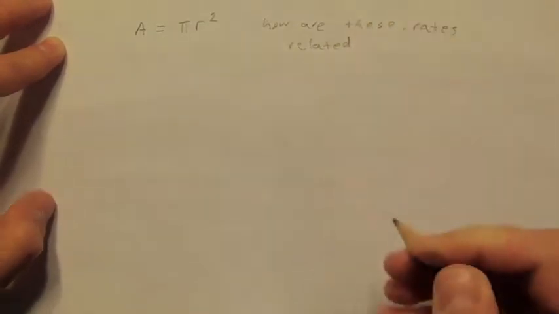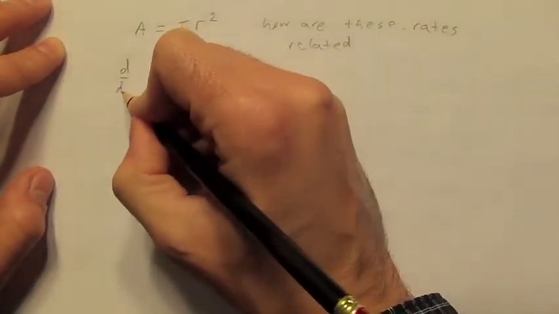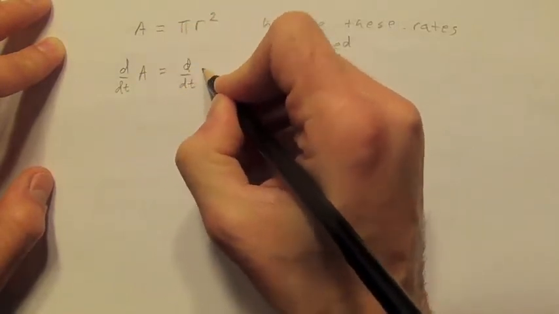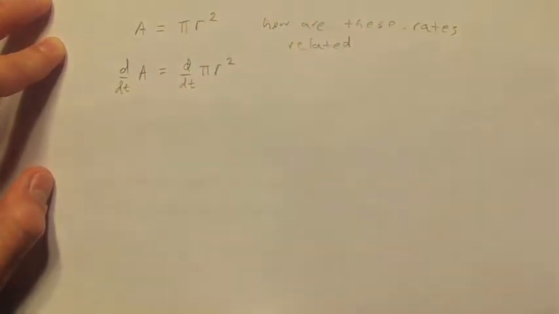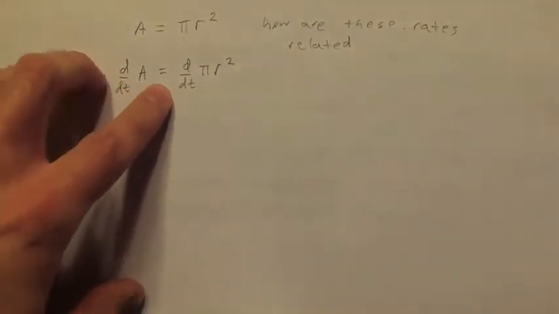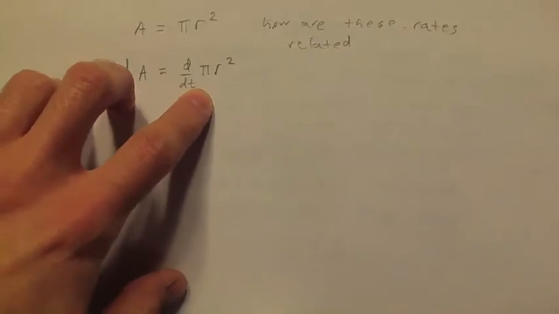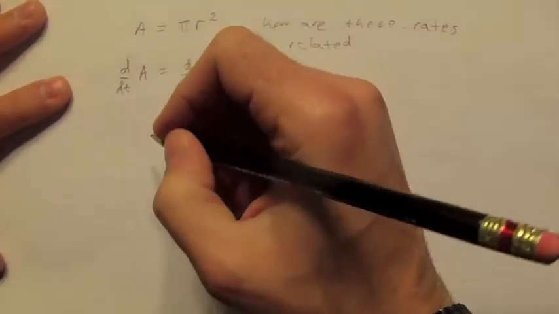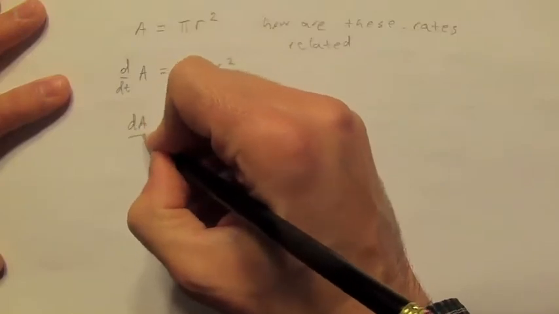And again, we take the derivative with respect to t of both sides using implicit differentiation. So the derivative of a with respect to t will be equal to the derivative with respect to t of pi r squared. Okay, now the derivative of a is simply dA dt, right?